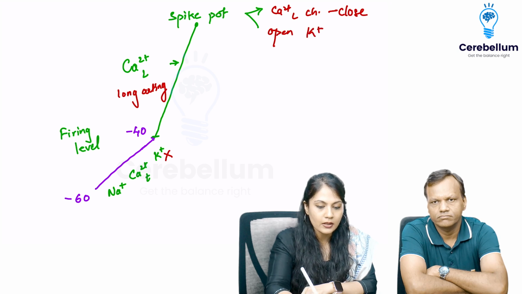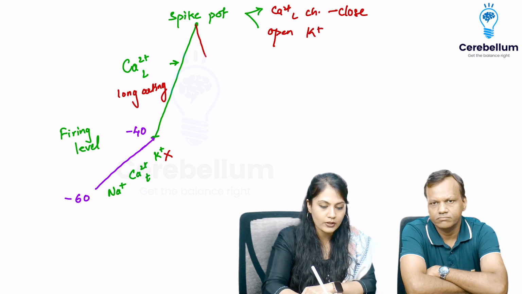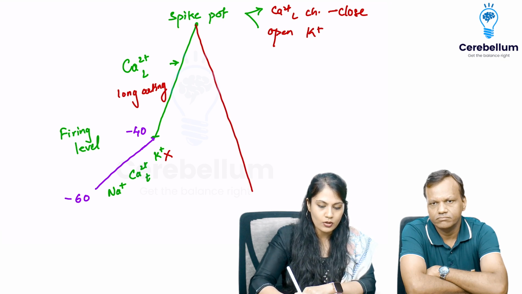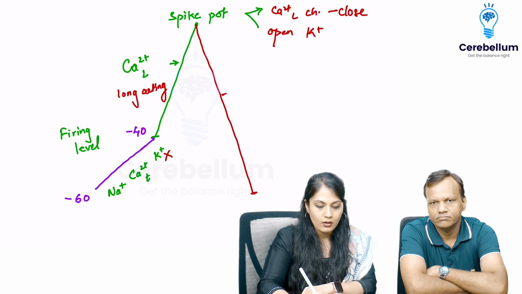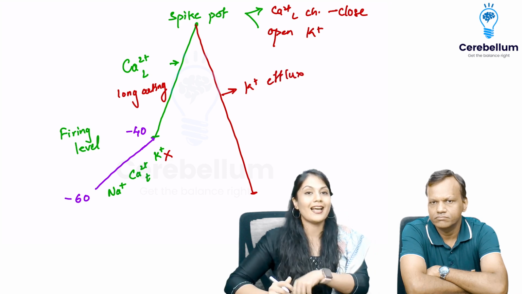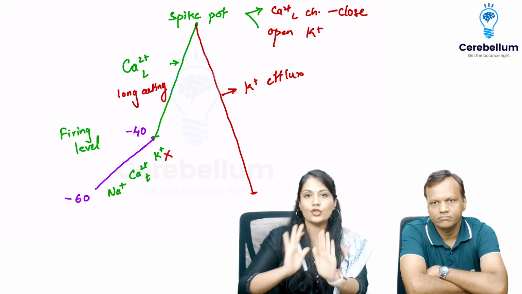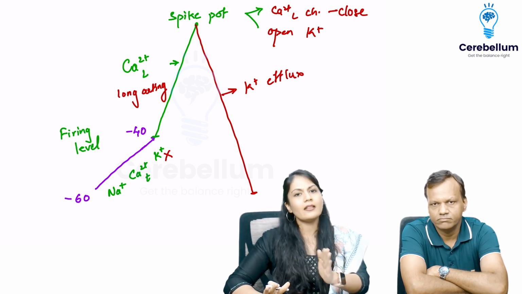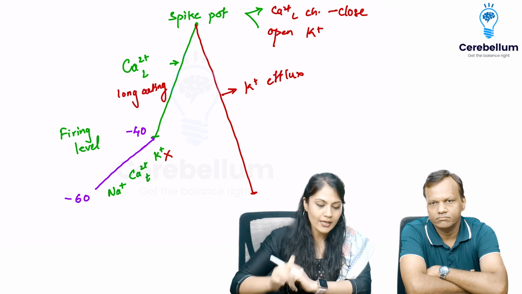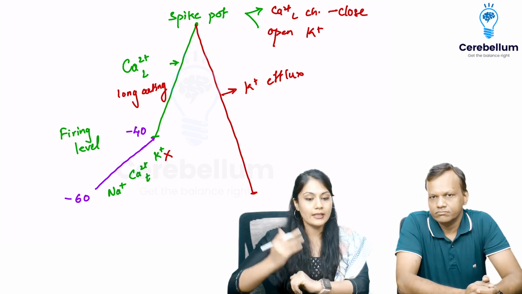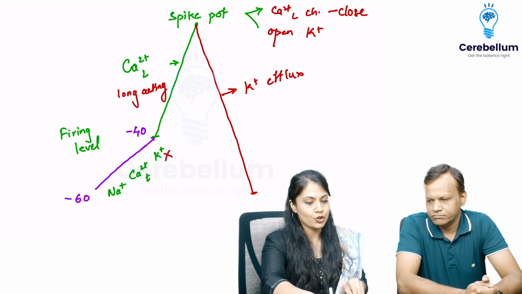We know that the repolarization in all tissues takes place because of the opening of potassium channels. The potassium efflux will start, and as soon as it reaches -60, immediately these channels are going to close. Again, this loop will take place. So this is the cardiac nodal tissue action potential.